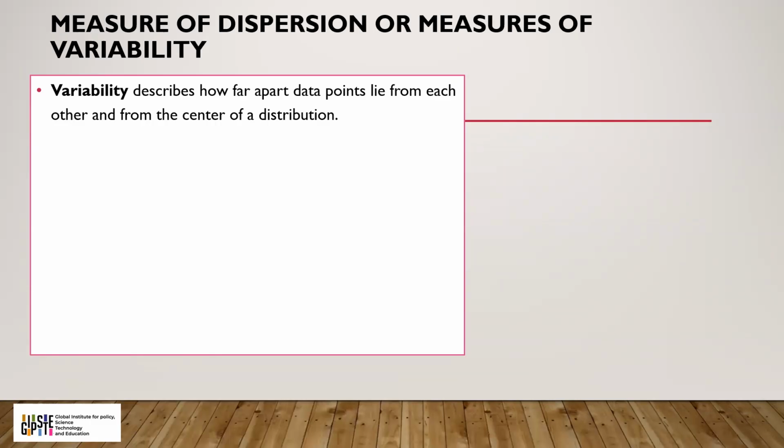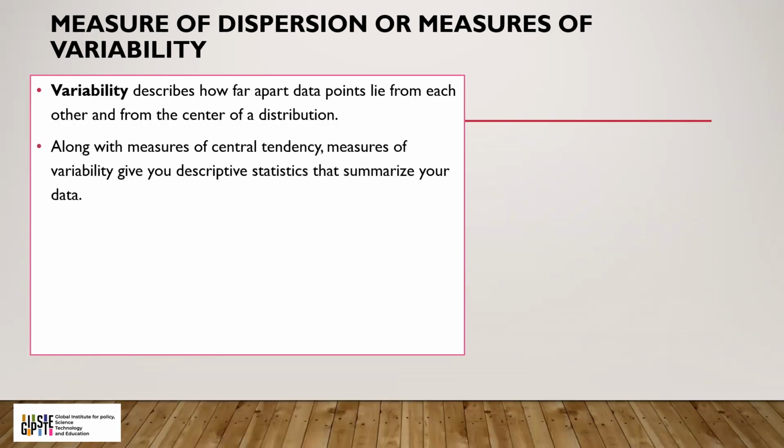Very important to take note of that. Along with measures of central tendency, measures of variability give you descriptive statistics that summarize your data. Variability is also referred to as the spread, the scatter, and the dispersion. That is why in some books you will see measure of dispersion or measure of variability. They are all the same.